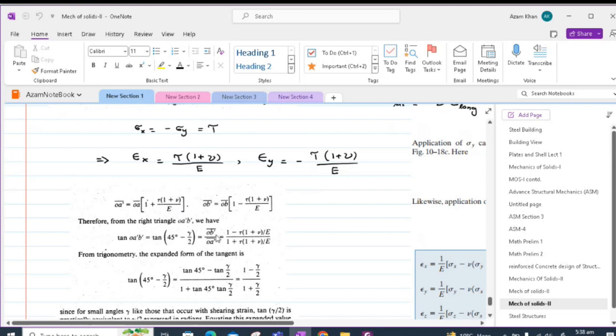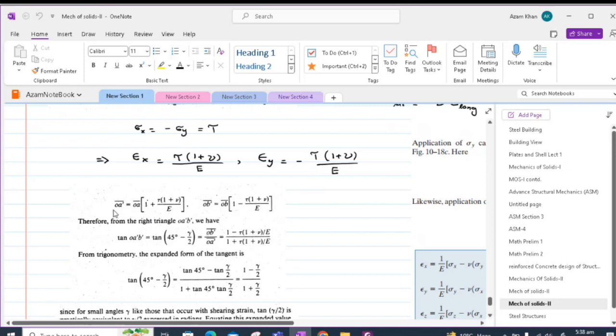Similarly, OB prime will be equal to OB [1 minus tau (1 plus nu) divided by E].